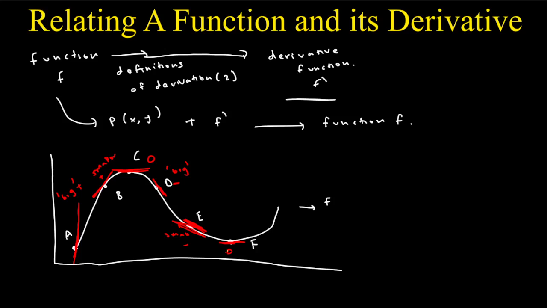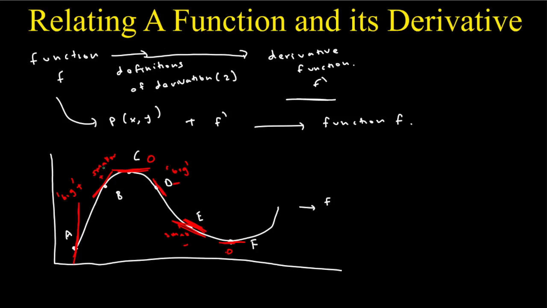So we notice how the derivative represents the original curve. Our derivative is initially really big and positive, and when that happens, our function is growing at a fast pace.